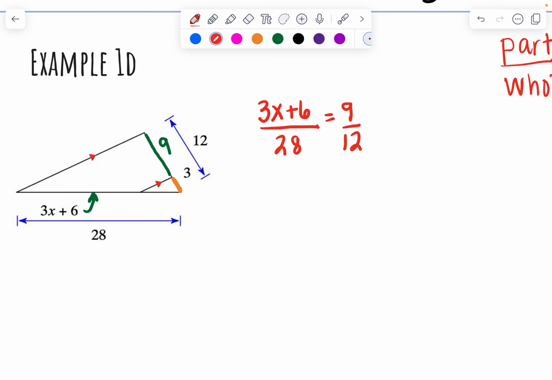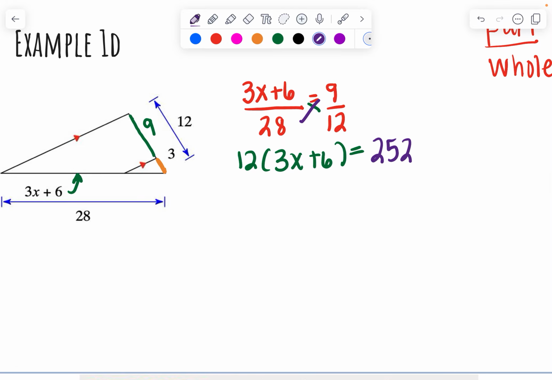And then that whole side is 12. Solving this, 12 times 3x plus 6 equals 9 times 28, which will give us 252.